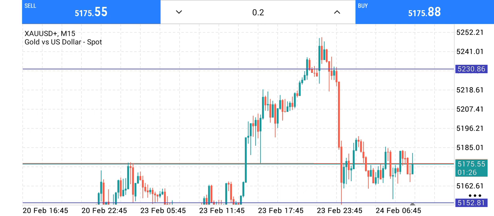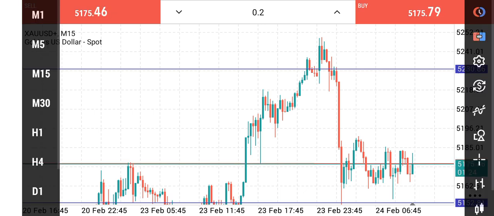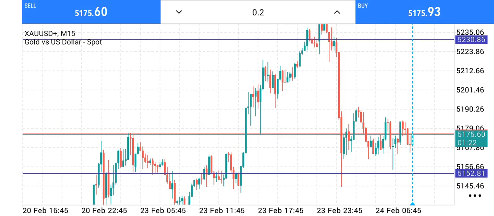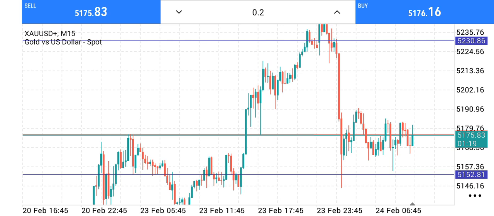So if the market breaks out from this consolidation, whether to go up or come down, if the market is going up, you should be patient, no trade at all. If I were you, I would advise you not to enter any market for now.